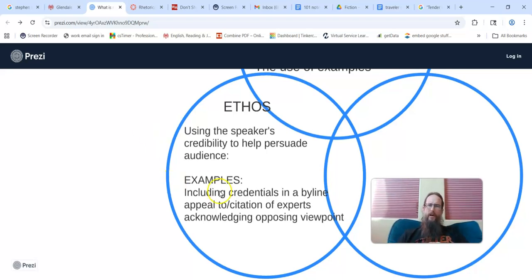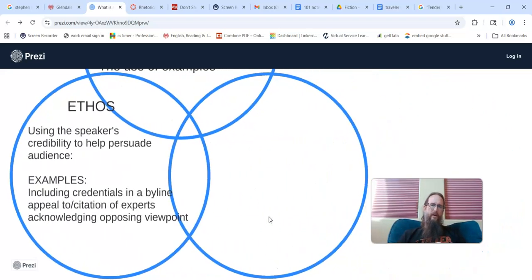Well, there are other things that authors do to appeal to ethos. If you see them citing experts, that helps build their own credibility. If they show you they understand both sides, if they try to get into the heads of people that disagree with them and show they understand, that tends to build credibility because it makes them seem less biased. Right?